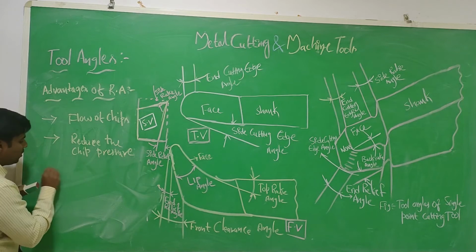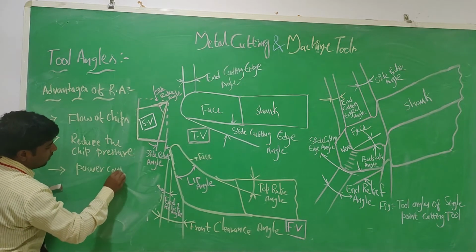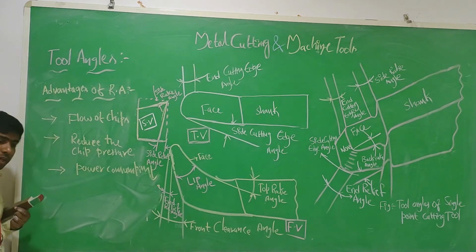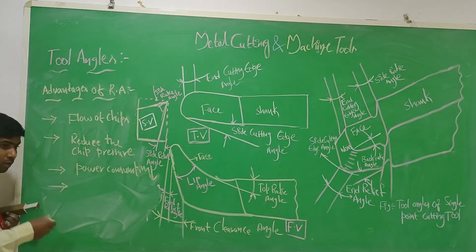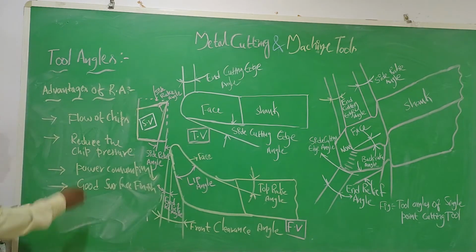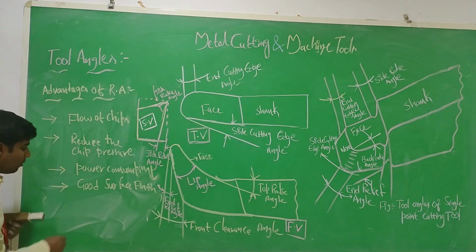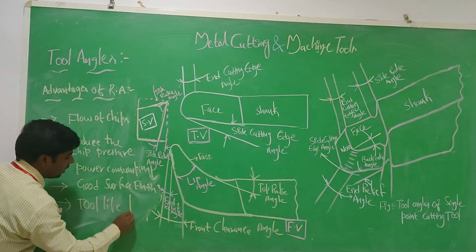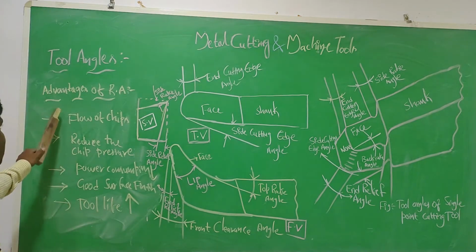When chip pressure is reduced, automatically power consumption is reduced. When power consumption is reduced, it can give a good surface finish. By all these good effects, automatically the tool life also increases. So these are the very important advantages of rake angle.